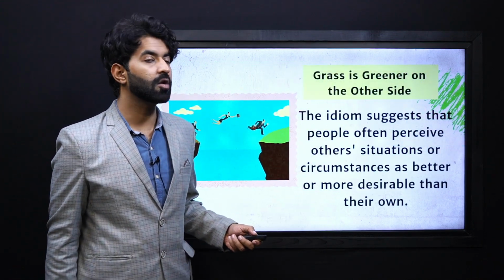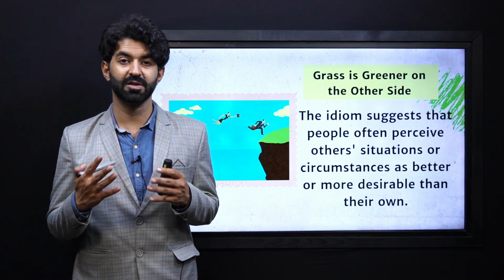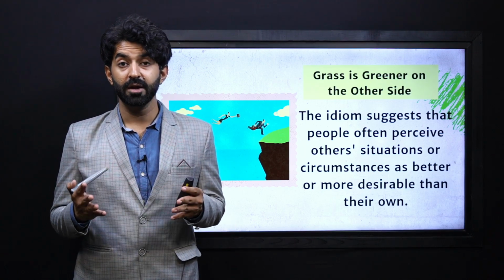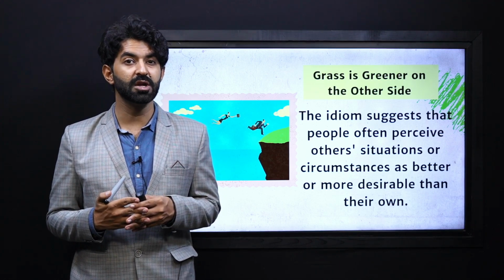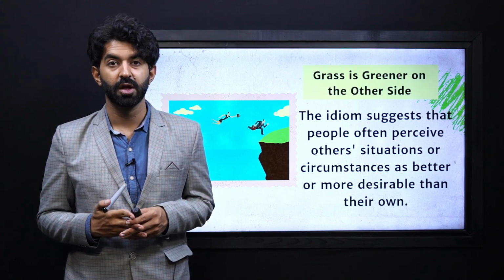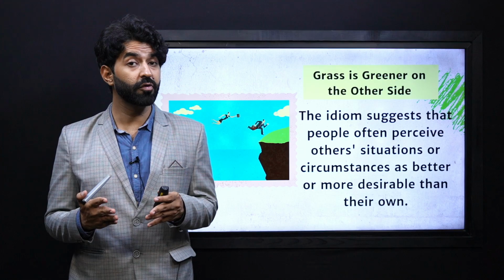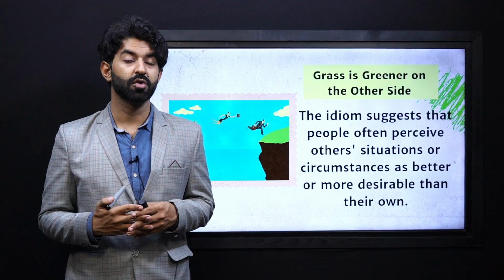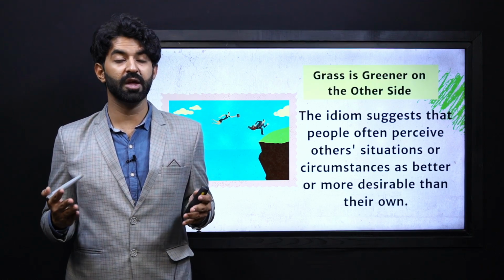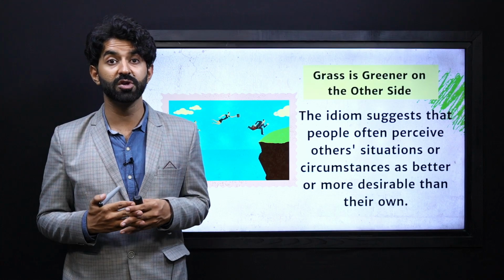Grass is greener on the other side. What does it mean? My dear learners, every idiom has some origin, some history, and a very interesting story. You can look for them on the internet. They are available in dictionaries also. You can go through most of the idioms and look for their interesting origin.